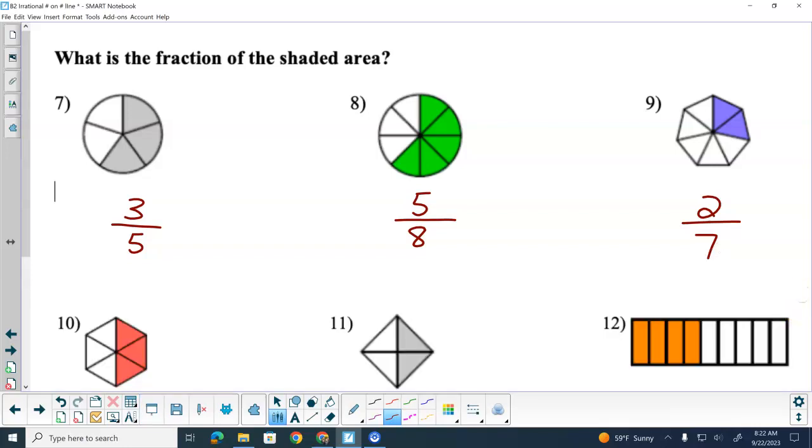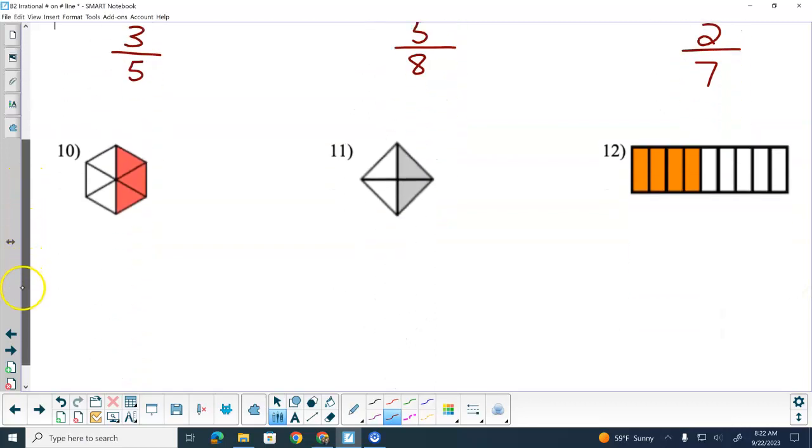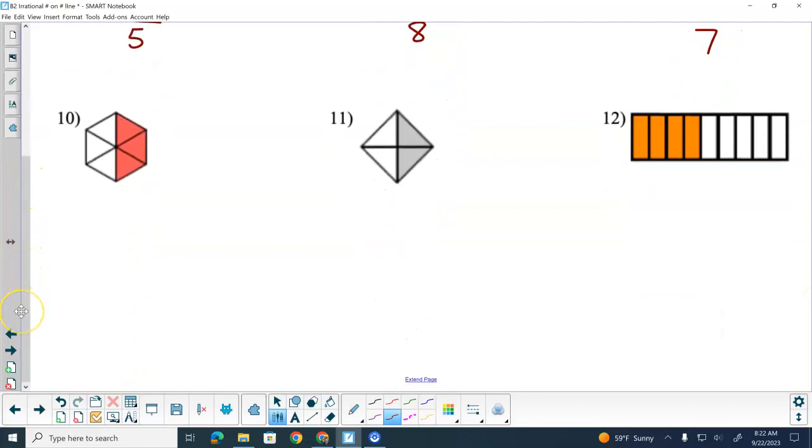Number 10. How many shaded pieces? How many total pieces? So that's 3/6. We're not there yet. Number 11. Shaded pieces? 2.